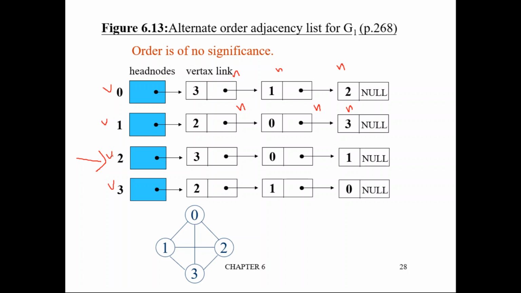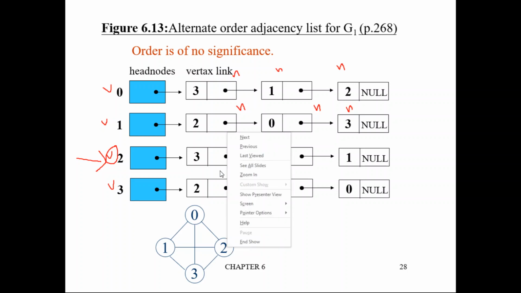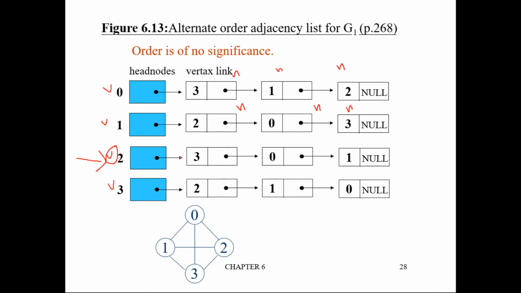Let us use "vertex" for the graph vertex, and "node" for the linked list node. You just count the number of nodes available in that particular vertex. How many nodes are there? 1, 2, and 3. So its degree is 3.